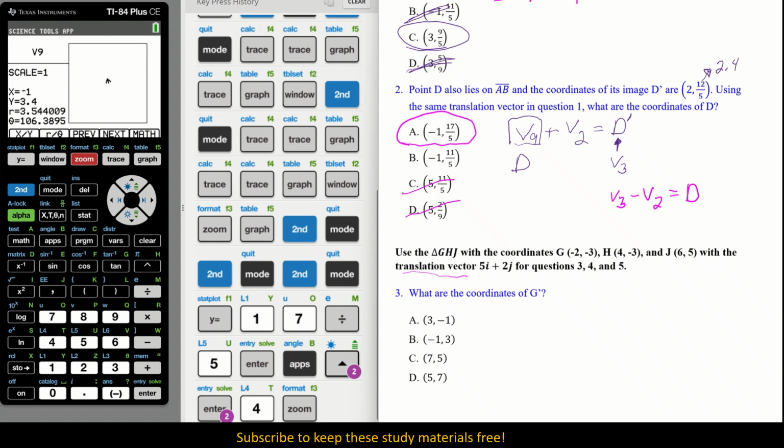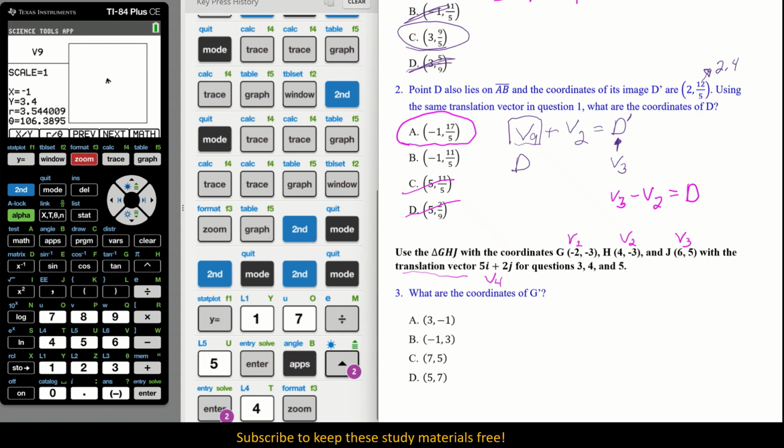So what you need to do is we're already in our application. We need to go and populate everything. So I'm going to repopulate. G is 1, H is 2, J is 3, and my translation is 4.